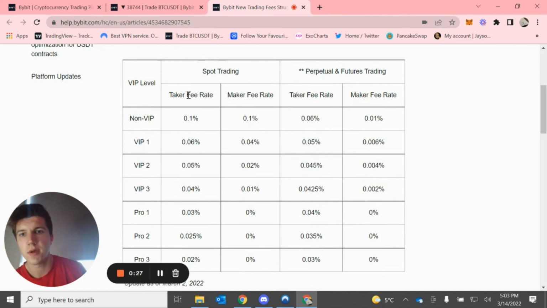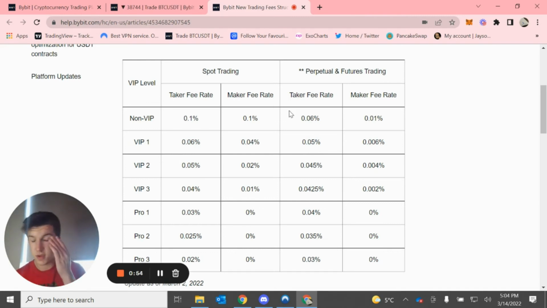And so with spot trading, this is all the limit fees. Basically, the taker fee is who you're paying towards. Usually, sometimes it'll be towards longs, sometimes it'll be towards shorts. And then the maker fee is really the person receiving the fee from the taker.